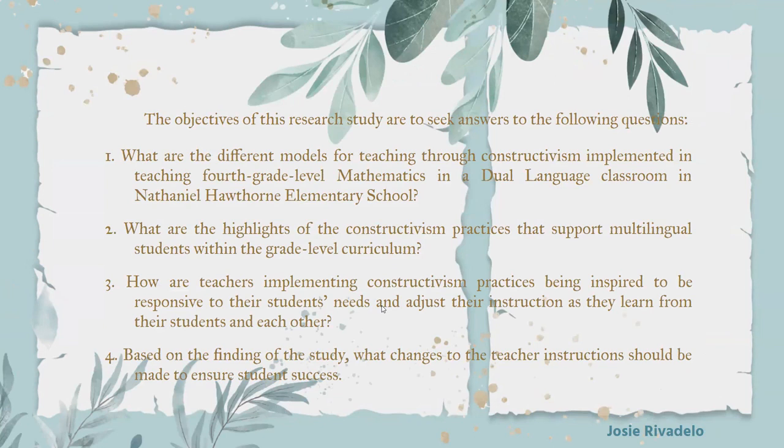Number three, how are teachers implementing constructivism practices being inspired to be responsive to their students' needs and adjust their instruction as they learn from their students and each other? And lastly, based on the finding of the study, what changes to the teacher instruction should be made to ensure student success?